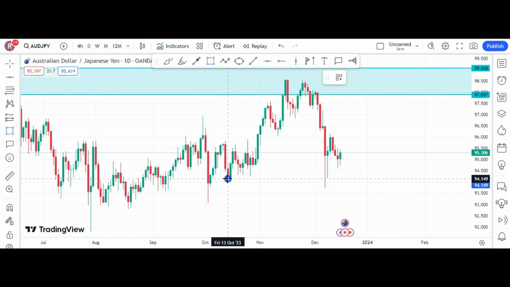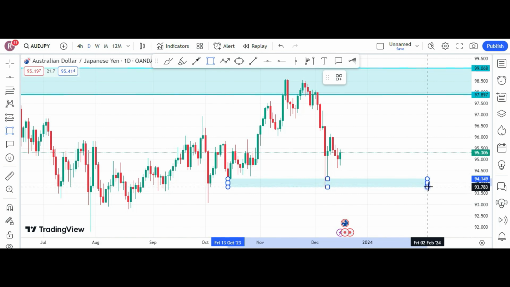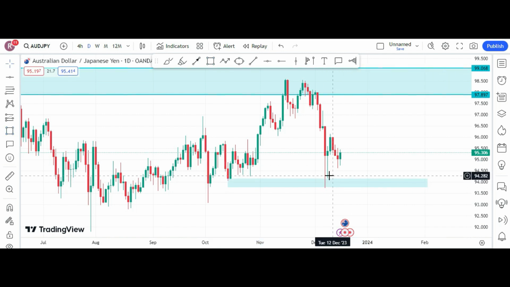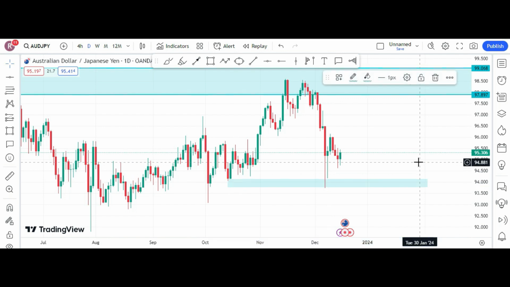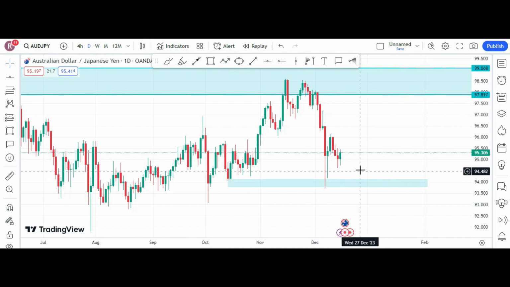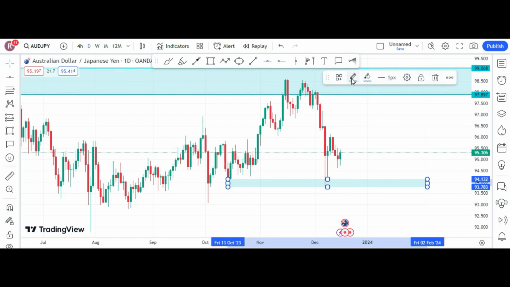Exactly this area is responsible for the double bottom created in a daily time frame. Okay, this is the double bottom area, and if we mark it properly now with the color of the daily, this is what we get.